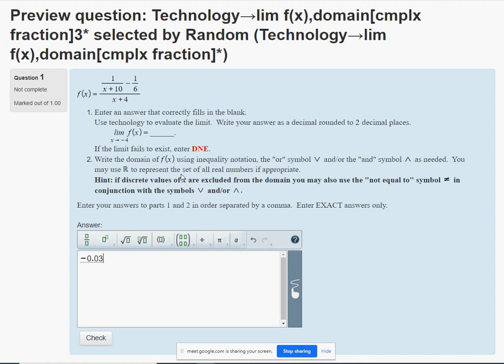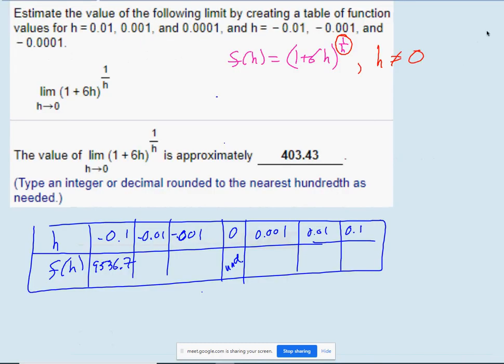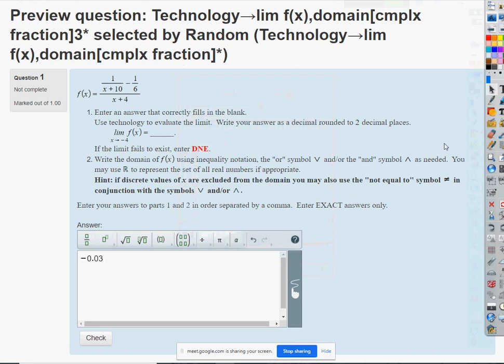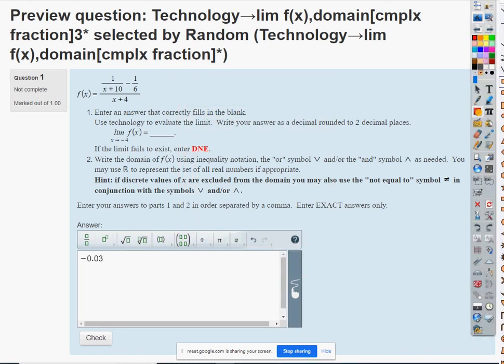Well, there are no even roots here, but I do have variables in denominators, don't I? Right? So let me go back to here for a second. There we go. So here's a fraction involving an x in the denominator.